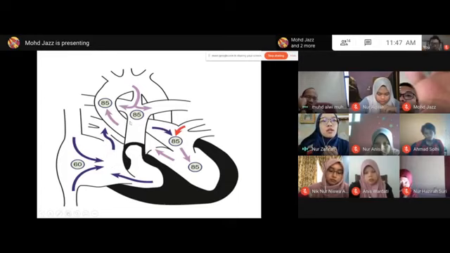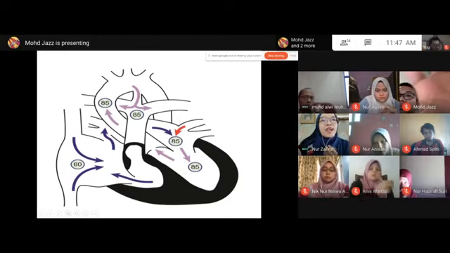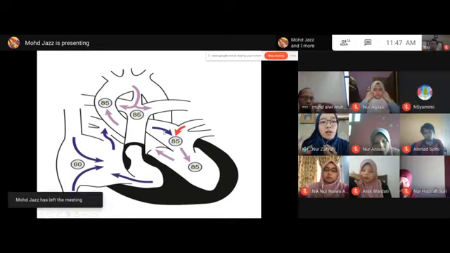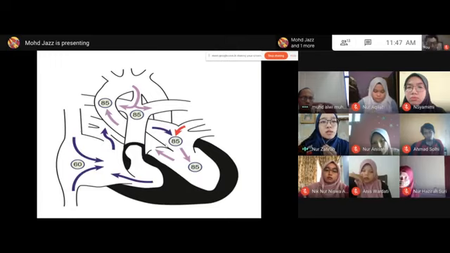So at the left side of the heart there will be mixing of the oxygenated blood and deoxygenated blood. So where does the patient get oxygenated blood from in this kind of defect? It comes from the patent ductus arteriosus.